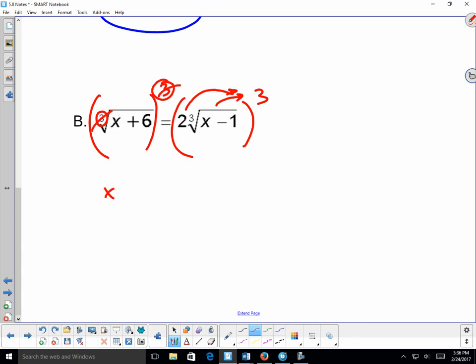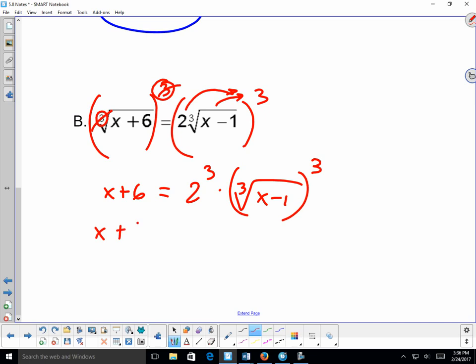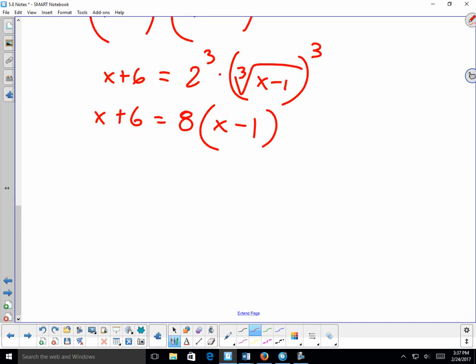So I just am left with x plus 6 on the left equaling 2 cubed times cube root of x minus 1 cubed. So I get x plus 6 equals 2 cubed is 8, and the cube rooting and the cubing are canceling each other out, so I have 8 times the quantity x minus 1. At this point, I'm going to distribute the 8.